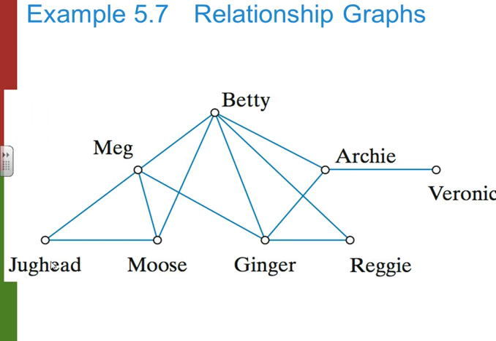So here are my vertices being the friends, and now we have a relationship between those friends. It looks like Betty likes everybody except Veronica, and Veronica can't stand anybody but Archie. Okay, so now we could do that.